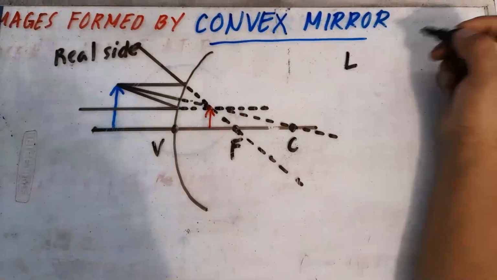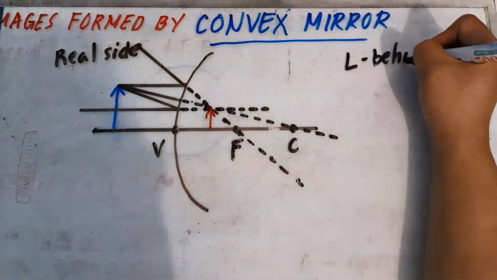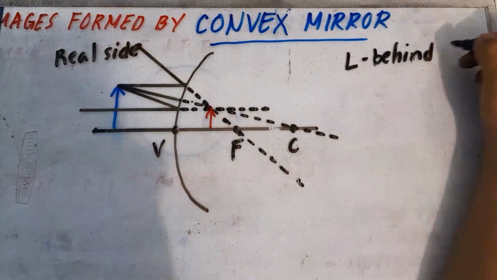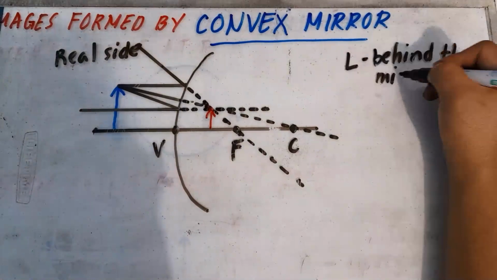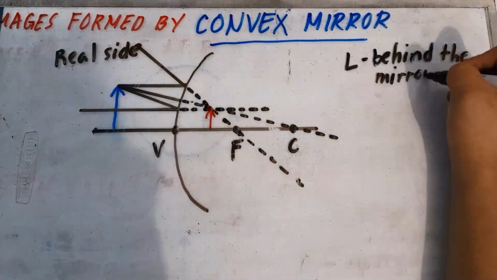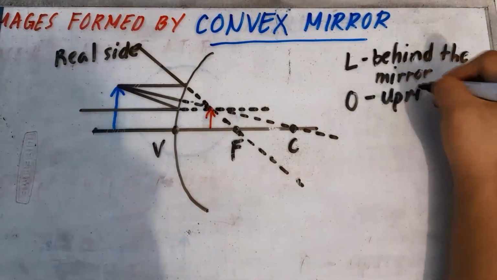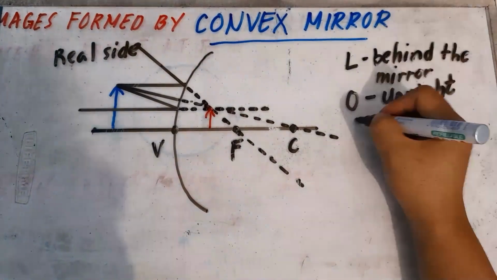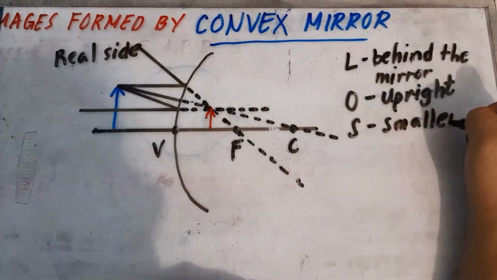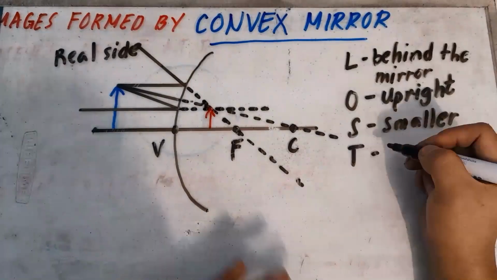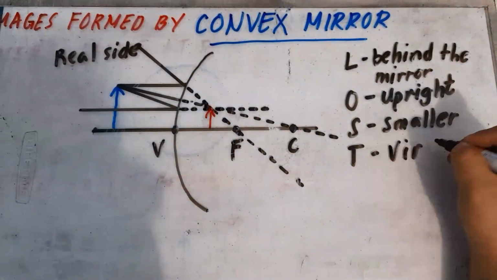Location: it is located behind the mirror. How about the orientation? Upright. Size, definitely it is smaller. And type, since it formed behind the mirror, at the back of the mirror, it is a virtual image.